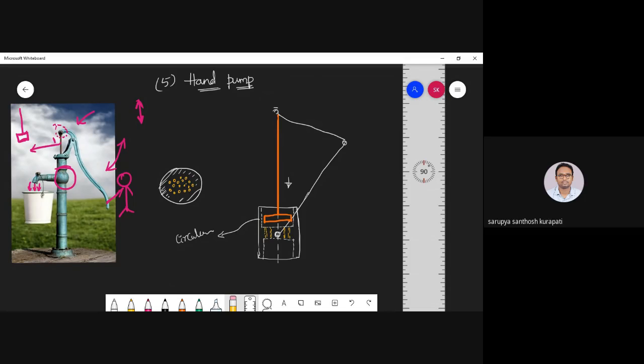So this is my link 2 and 3. Here is my slider 4, and in place of the cylinder I'm keeping a secondary slider in it. Because this body, link number 4, got fixed, link number 3 is hinged to link number 4. So this particular turning pair cannot move.